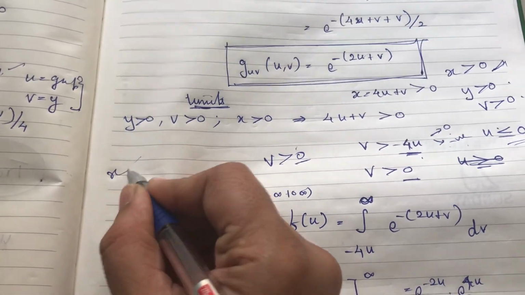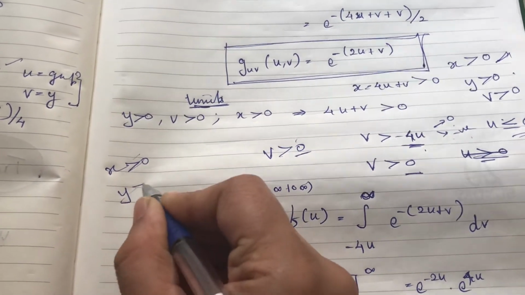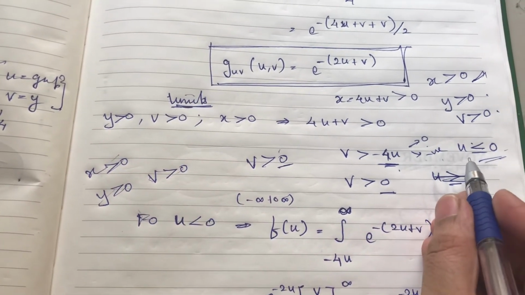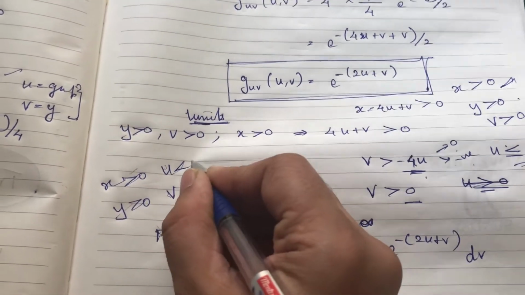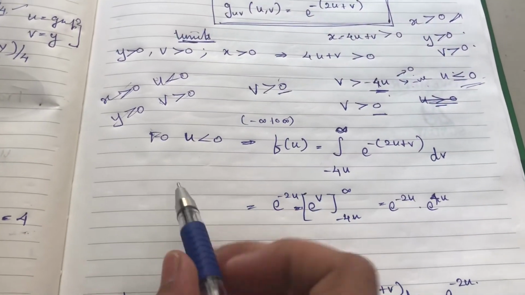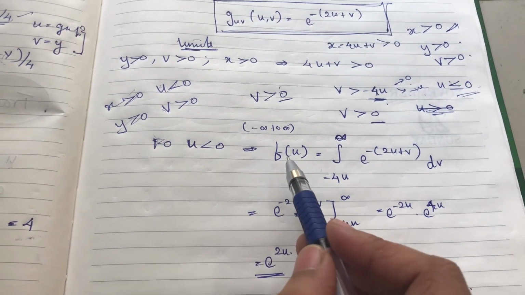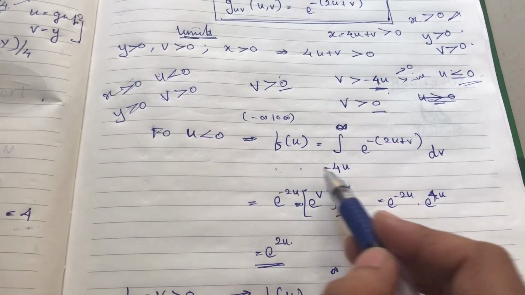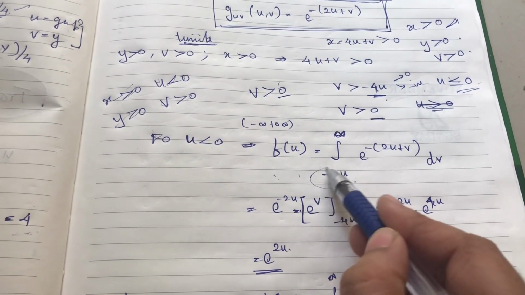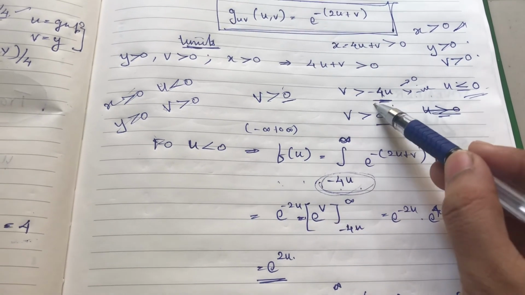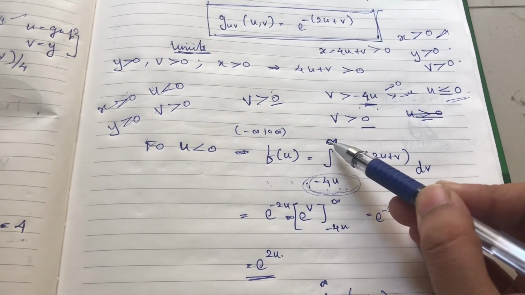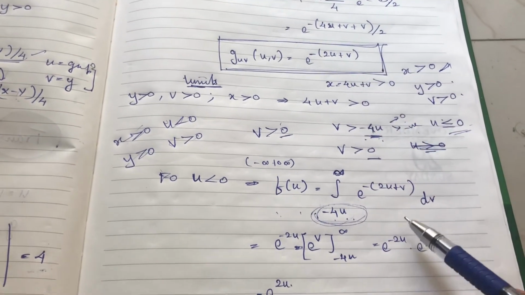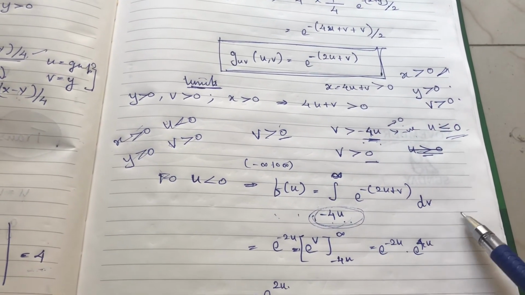So for x greater than 0 and y greater than 0, we can easily say v is greater than 0. But in case of u less than 0 here, we can easily write the function f of u as the integral from minus 4u, because this is the lowest limit here, to the upper limit infinity, of the whole function g of u, v into dv.